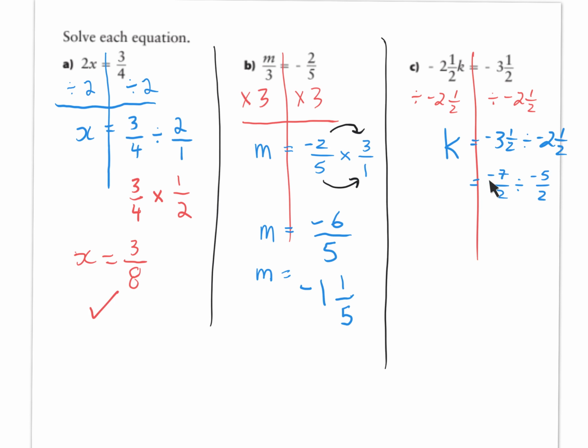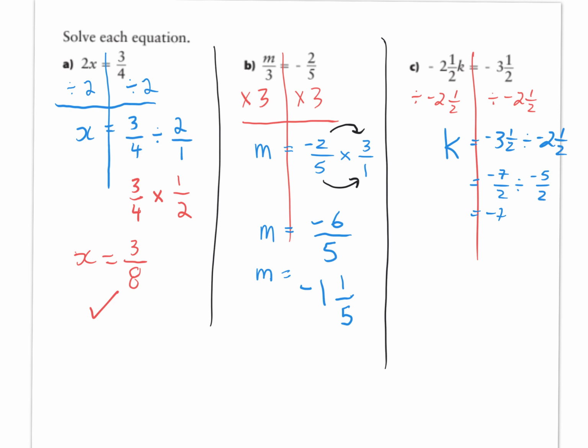It doesn't matter. I recommend keeping it in the top. When you flip this over, negative 5 goes to the bottom and 2 comes to the top. You can rewrite the negative with the 2. It doesn't matter in math where the negative goes, either on the top or on the bottom or out front like this.